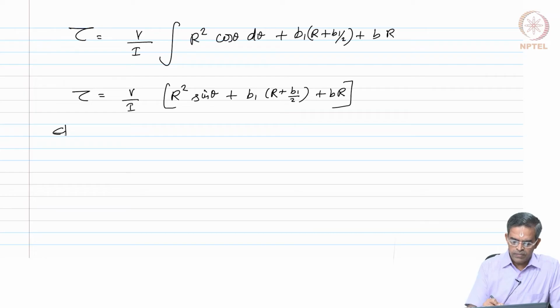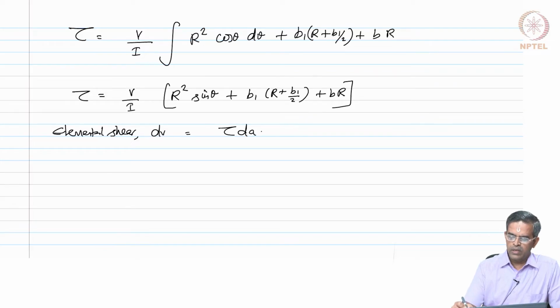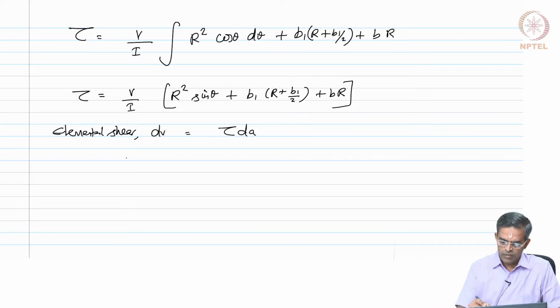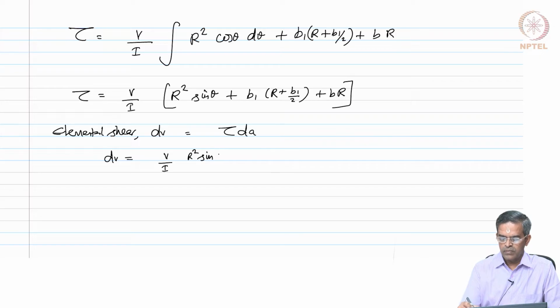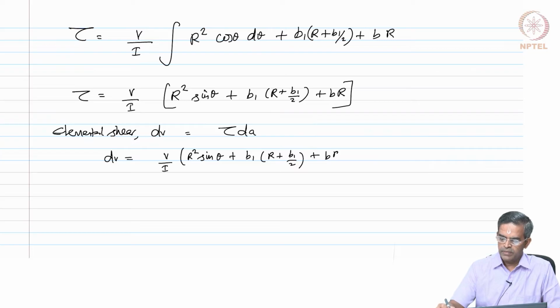Now, the elemental shear dV will be tau dA, which will be V by I r square sin theta plus B1 times of R plus B1 by 2 plus BR of R d theta into T. Am I right?